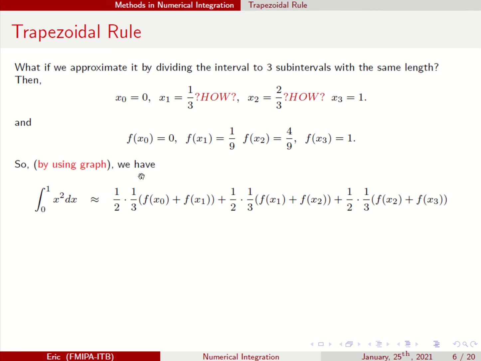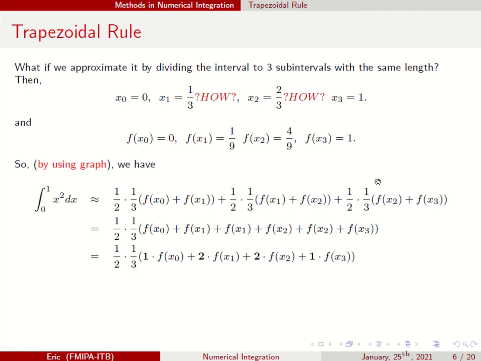By using the graph, we have this approximated by a half times the length. The height is always 1/3, but now we have three trapezoids. This is the length plus the length, the length plus the length, the length plus the length. I can use the distributive property, and you look again at the pattern: 1 f(x0), 2 f(x1), 2 f(x2), plus f(x3).